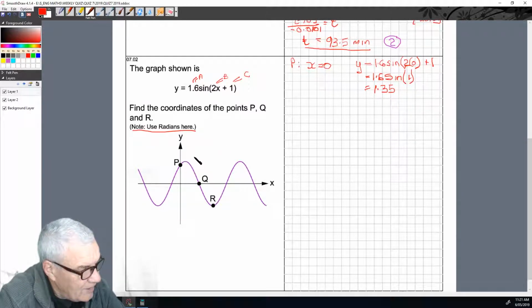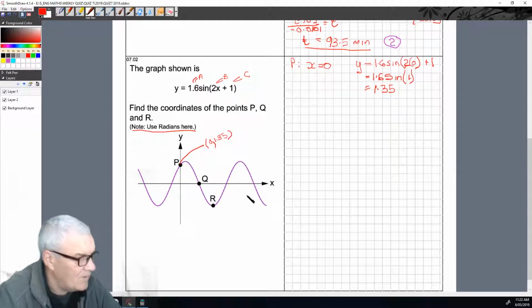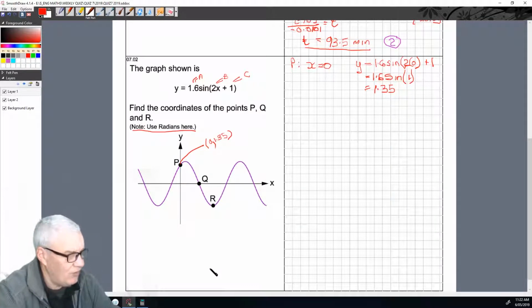So this point here, P, that's going to be the point 0, comma, 1.35. Okay, so that's when x equals 0.